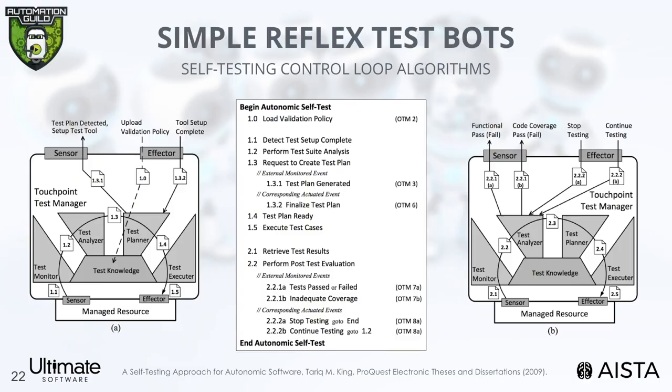So another loop is about seeing if the test results are available and analyzing them to see if they pass or fail, and if there was adequate test coverage, or maybe you're looking at code coverage, and then decide if we needed to stop testing. And this was, of course, at the lower level where we're executing tests. There's a higher level where you might have an autonomous agent controlling this entire process and maybe doing other things.